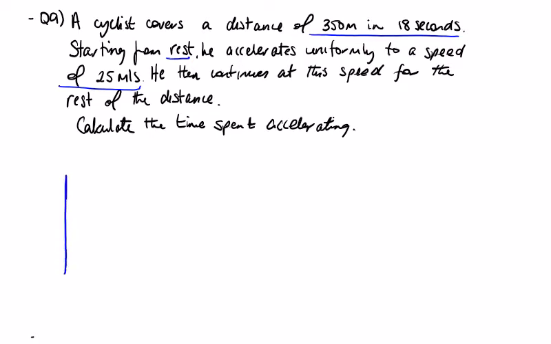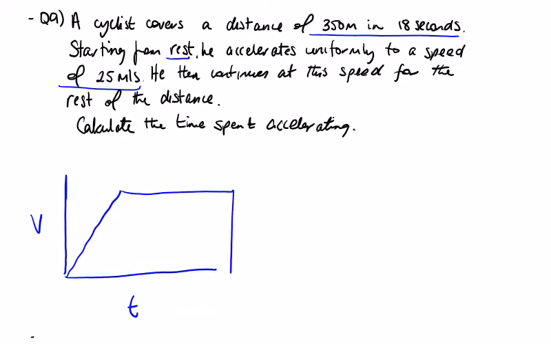So very similar again, time velocity graph, T and V. Accelerates, continues at the same speed, and this is my graph. So S is equal to 350, the total distance covered. 25 is my max speed here, and he accelerates uniformly, continues at this speed for the rest of the journey.